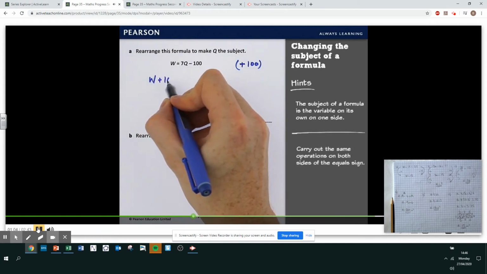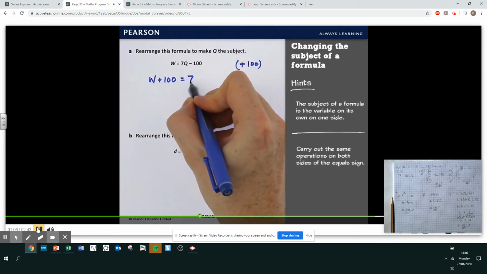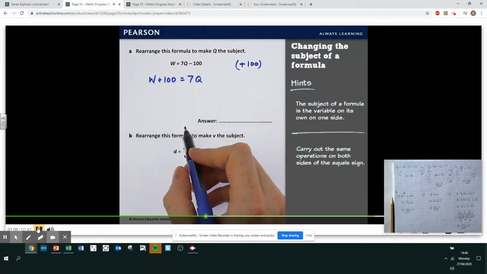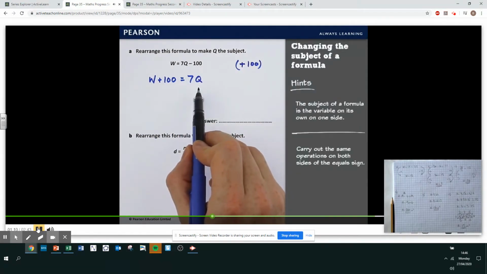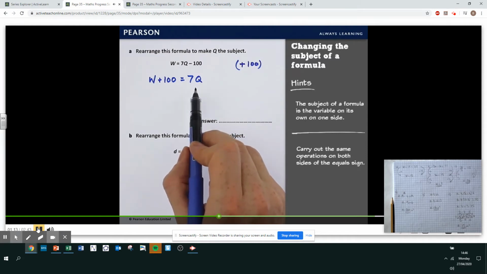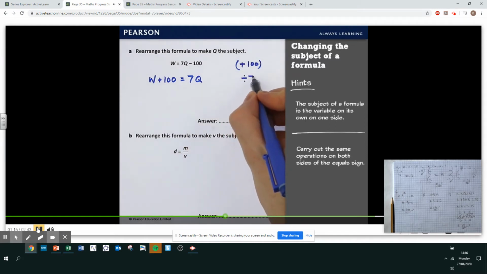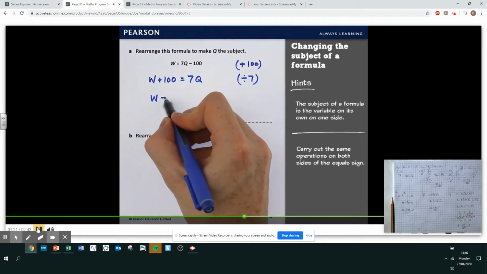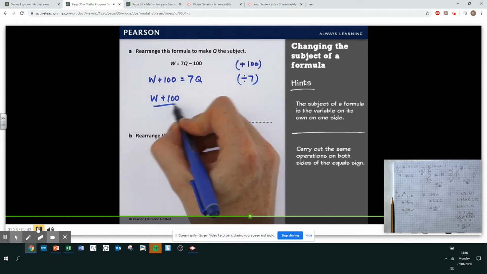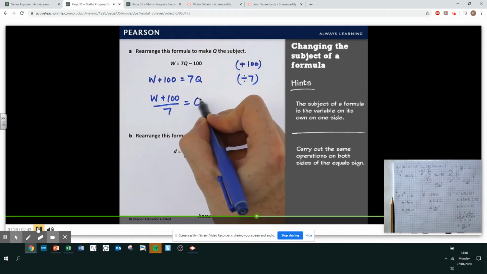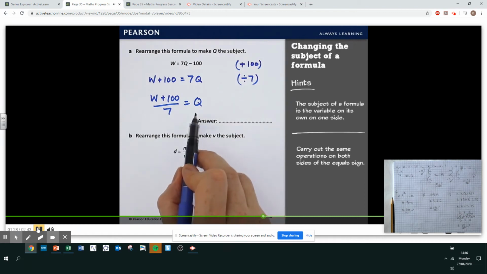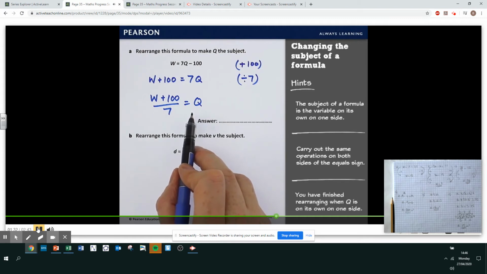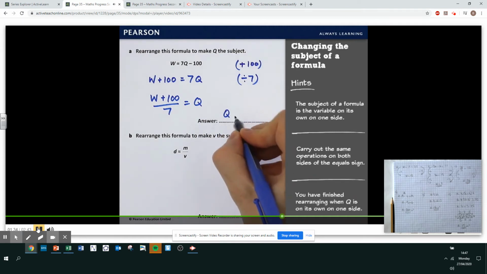So W plus 100 equals 7Q. 7Q means 7 times Q. So to get Q on its own, you need to divide both sides by 7. Make sure you divide everything on the left-hand side by 7. You've got Q on its own on one side of the formula, so you've finished. Write your answer in the form Q equals.